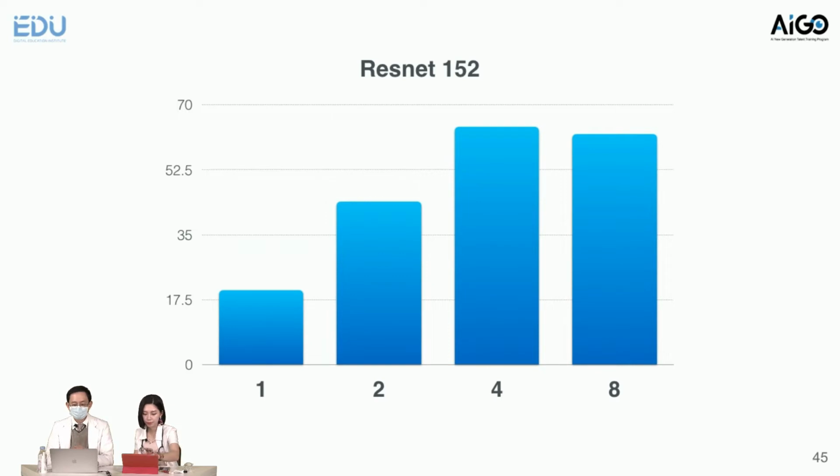We also did the experiment by ourselves and with our own data. We use our own data of X-ray image, which is 768 by 768 pixels. As you can see, the highest performance occurs at 4 GPU.